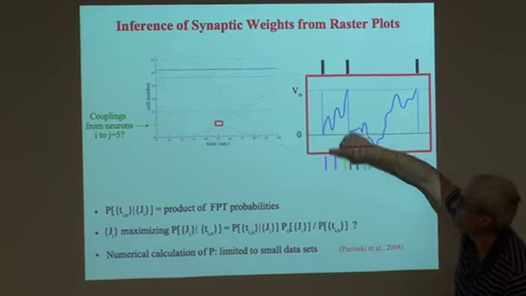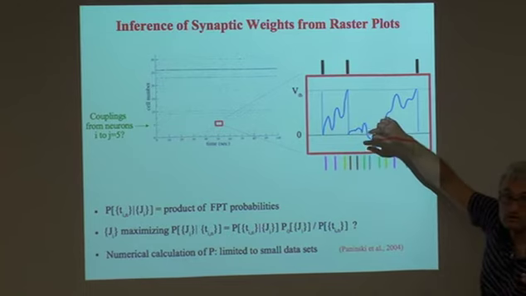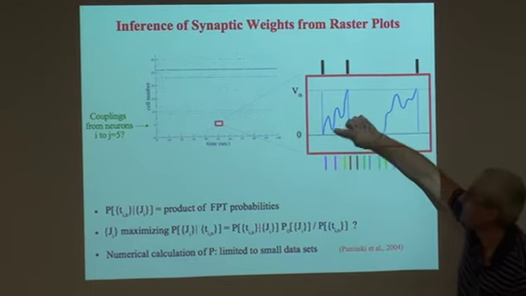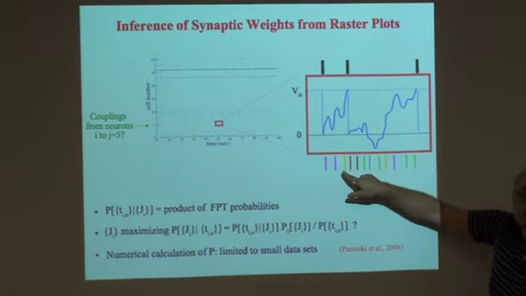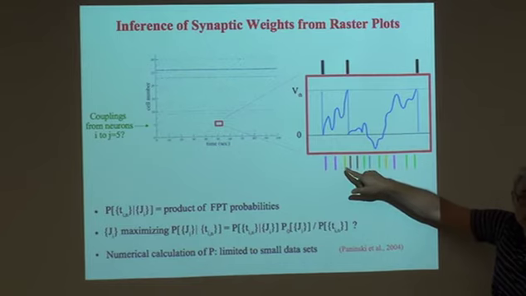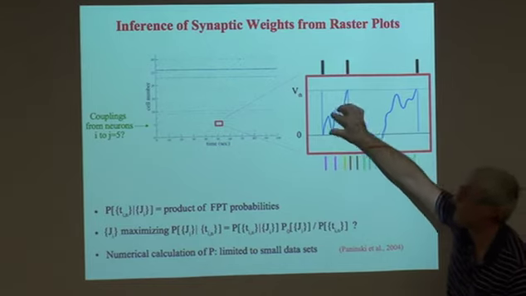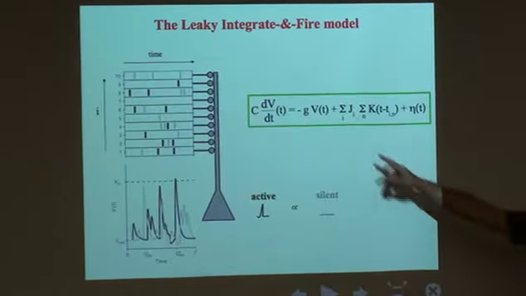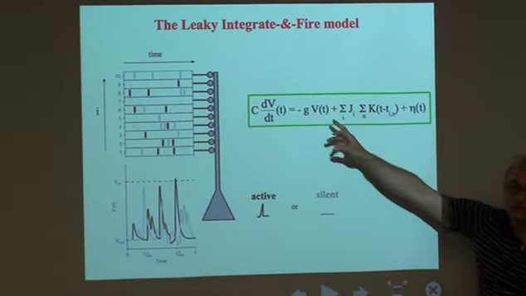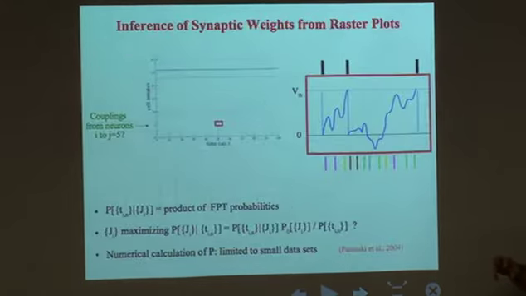And as we assume that the connections do not change with time, you get a similar increase the next time a spike comes from this purple neuron. The increase won't be exactly the same because the dynamics is complicated and depends on the value of the potential through the leak. But that's the idea.